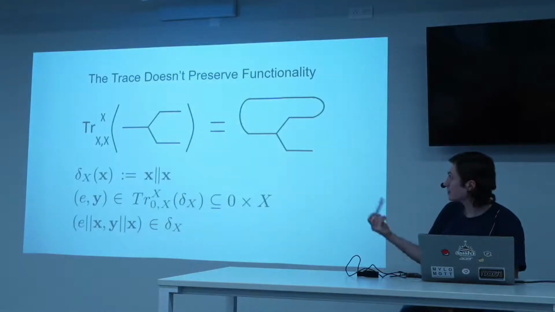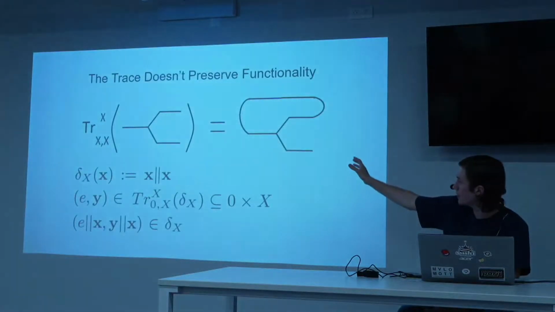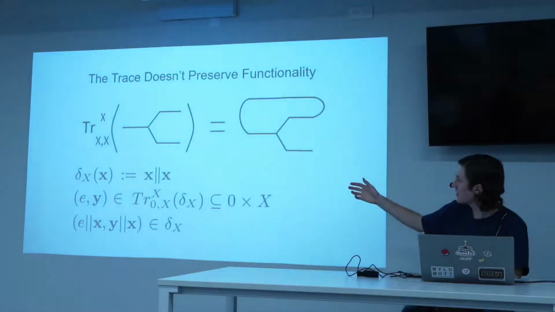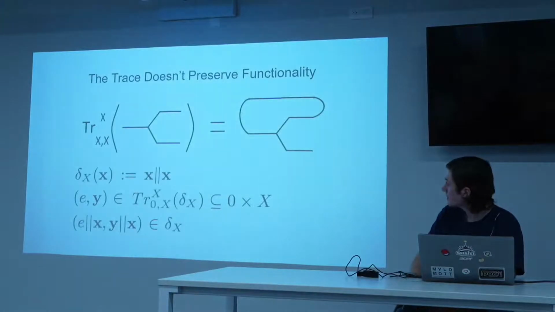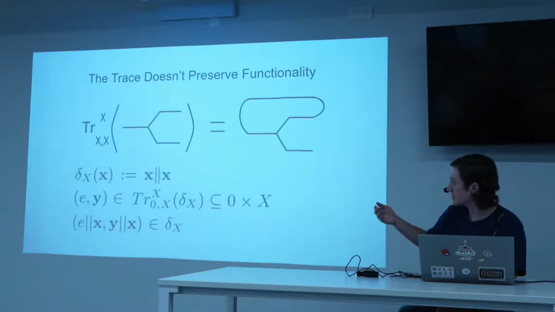So here, as it says, the trace by itself doesn't actually preserve functionality. The way to think about this is that once you trace this thing, which I've called copy, which just takes in an input and produces a duplicate of it, you then have no inputs on one side, so you can view it as a map from the empty tuple.